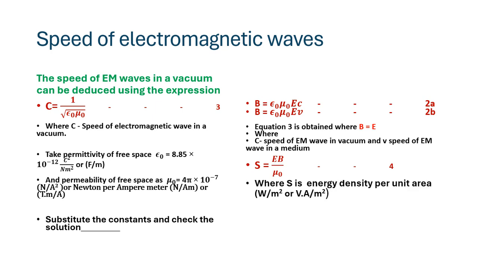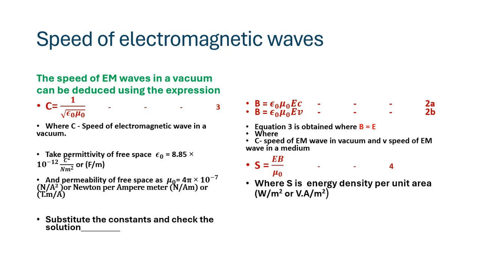Okay, let's look at equation 4 here, where S is the energy density per unit area. E is the electric field, and B is the magnetic field.